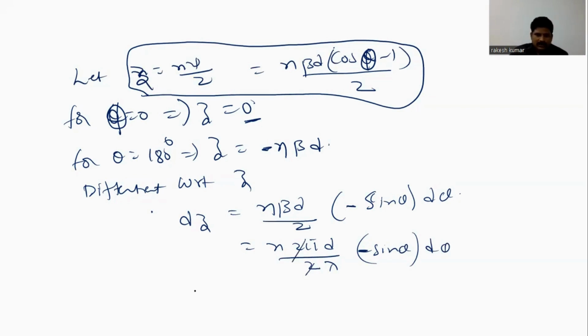The 2 will get cancelled. Therefore dz is equal to n by d by lambda into minus sin theta d theta.